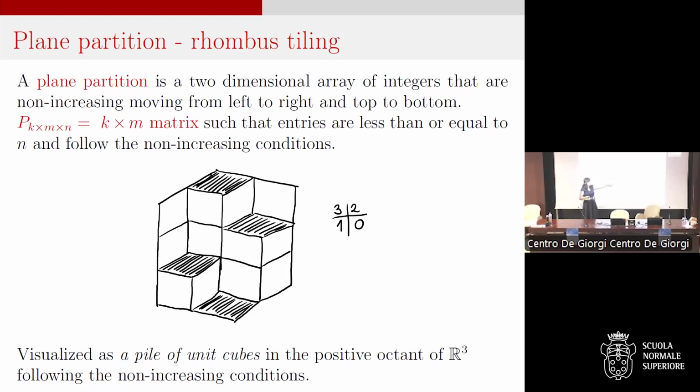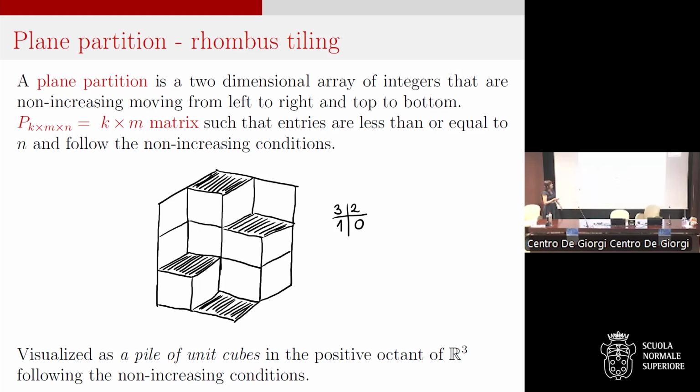And I have 3 cubes. So now it becomes just some structure in 3D. And I can code it with these numbers, okay? And you can believe me that whenever I have this code, I can easily draw this. Like this plane partition, it's uniquely defined. You can't do it in any other way.